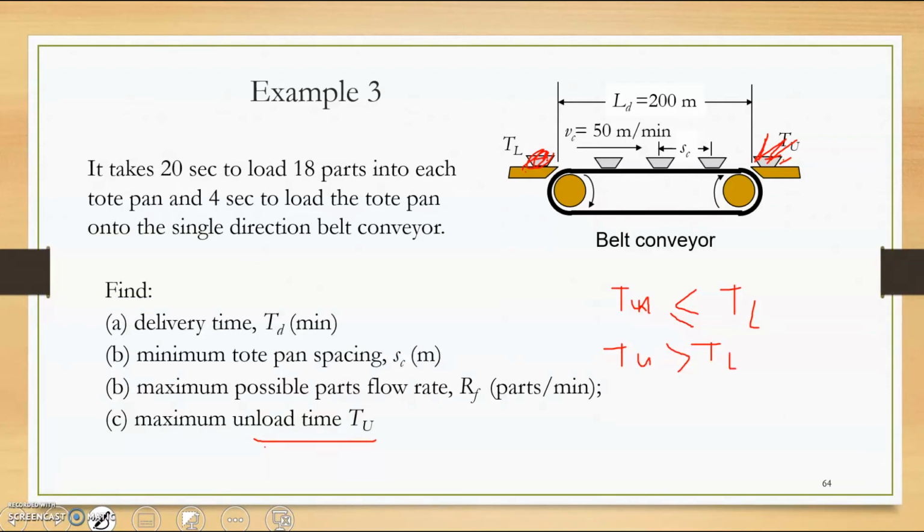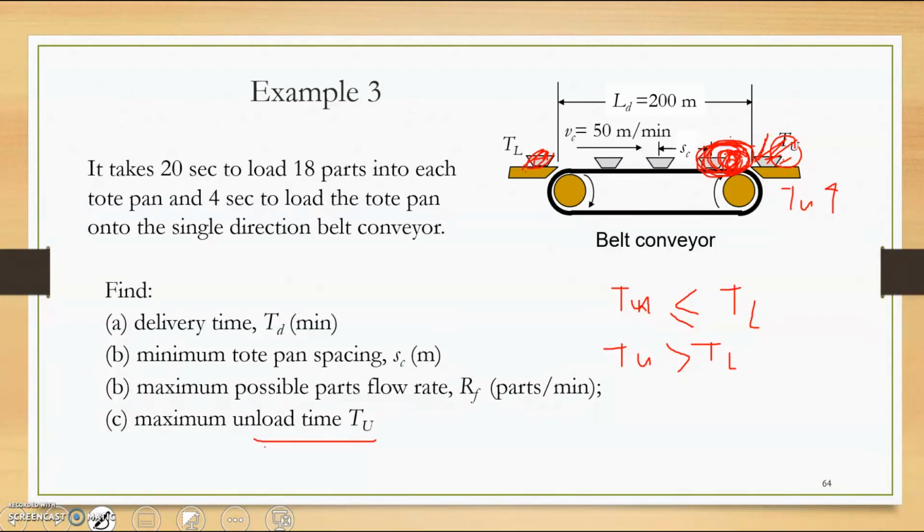So if TU is higher, the tote pans will accumulate, and it will have a kind of traffic over there, so it's an overflow scenario.